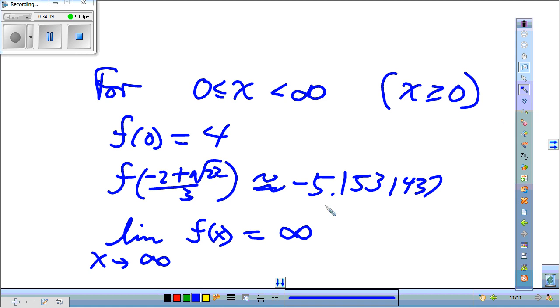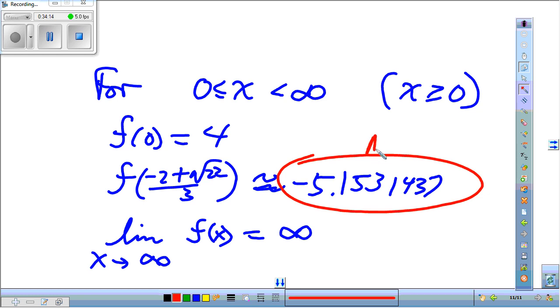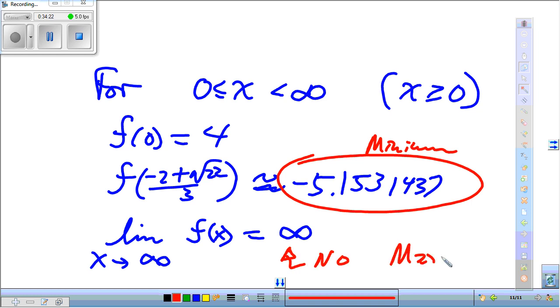So we have still an absolute minimum in this situation, but there's no absolute maximum. So it will depend on the restricted domain in the problem, what's the absolute lowest point and highest. Sometimes it grows without bound, positive or negative, and you might not have a maximum or minimum.